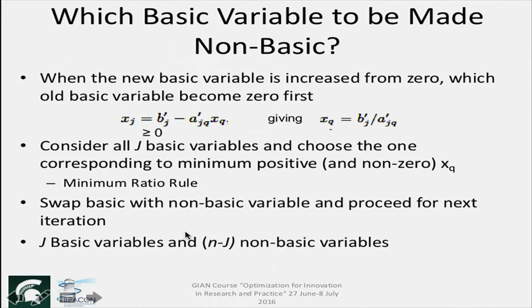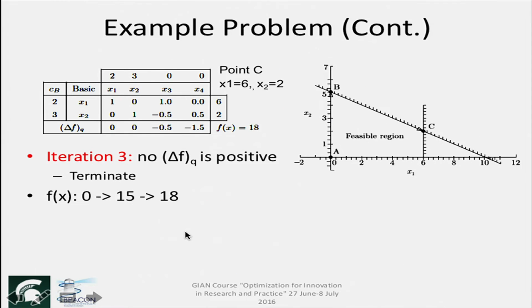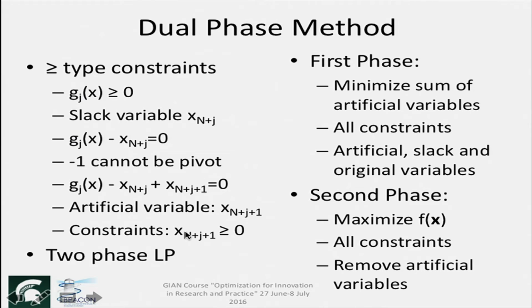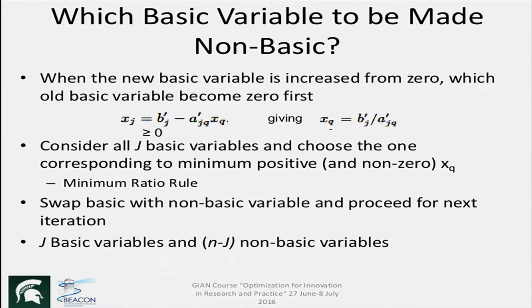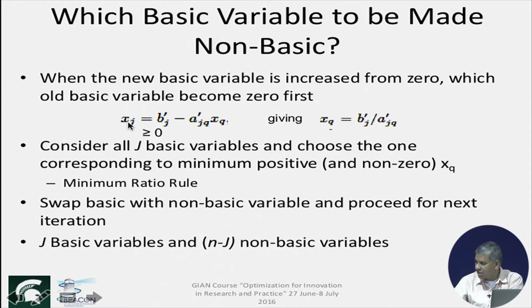So why is it not permitted that the variables have negative values? That's how the whole thing is designed, right? This minimum basic ratio rule. That's what you're saying, that we are going to choose an xq such that xj just becomes 0. If you start increasing xq, this is reducing, but as soon as it hits 0, any further increase here is going to make it negative, and we don't allow that.